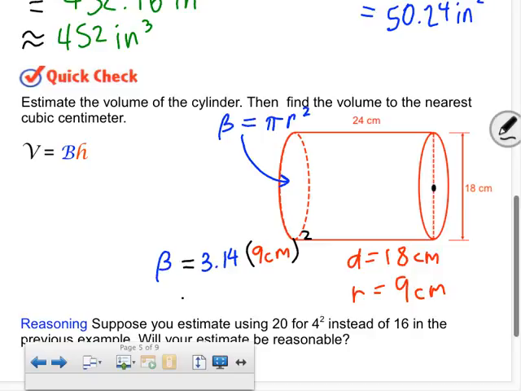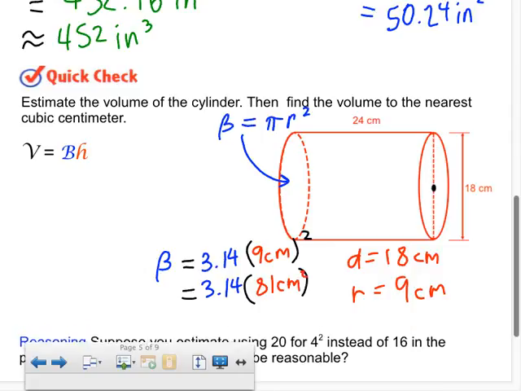Okay, well, what is 9 centimeters raised to the second power? It's just going to be 81. So we got pi times 81 centimeters squared. Okay, and when I calculate that, what do I get back?